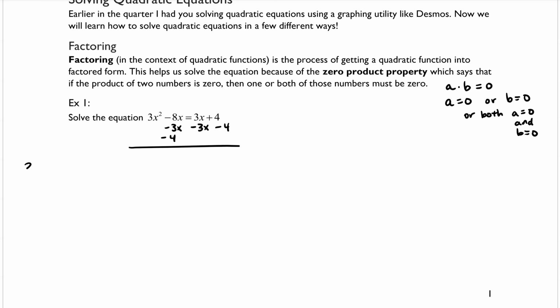So if I do that, then on the left-hand side we'll have 3x squared minus 11x minus 4 equals 0. So the reason that we moved everything over to one side of the equation is so that now our equation is equal to 0, and eventually once we factor it, we're going to be able to use the zero product property. So let us continue to try to factor this.